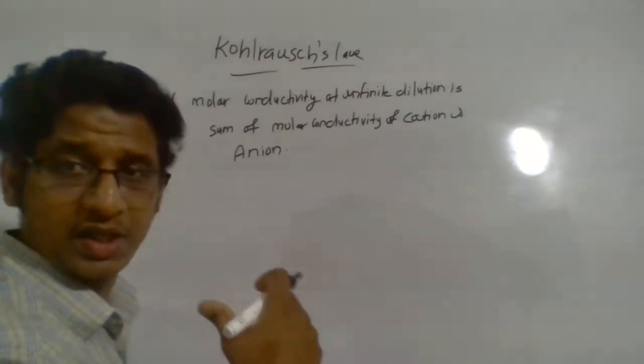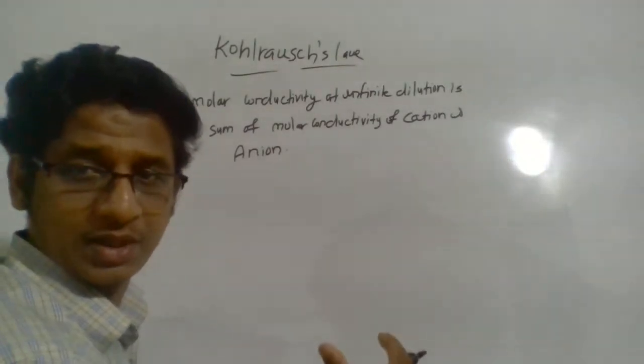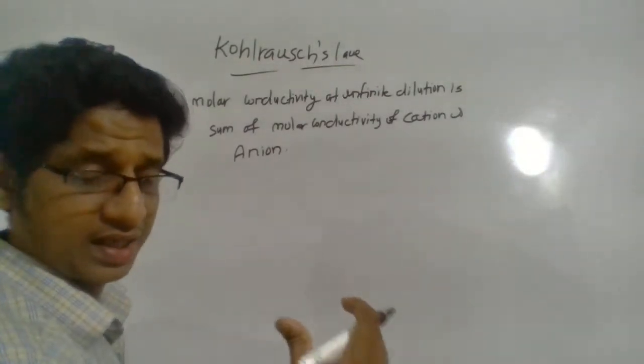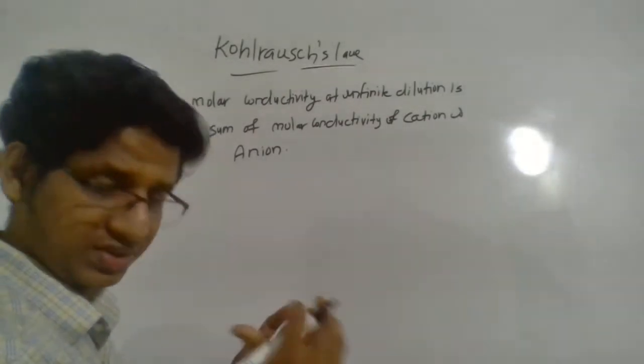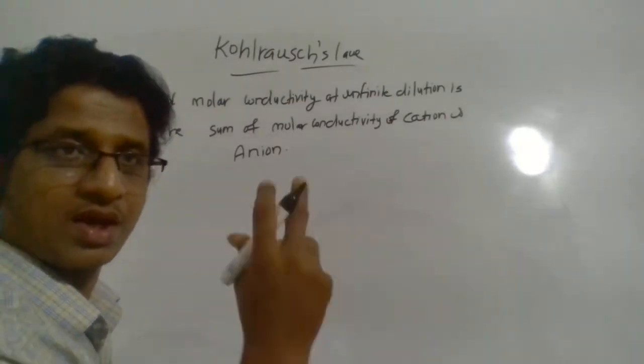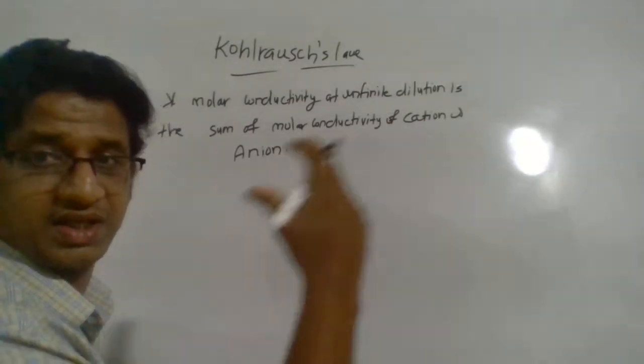That means anion contributes its own part to the molar conductivity, cation plays its own part. You take the sum, you get the molar conductivity of an electrolyte at infinite dilution.